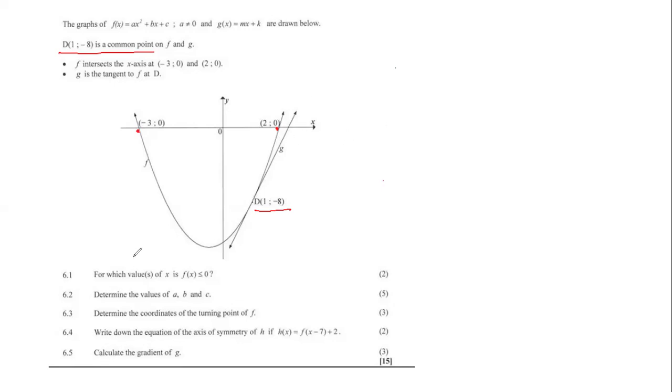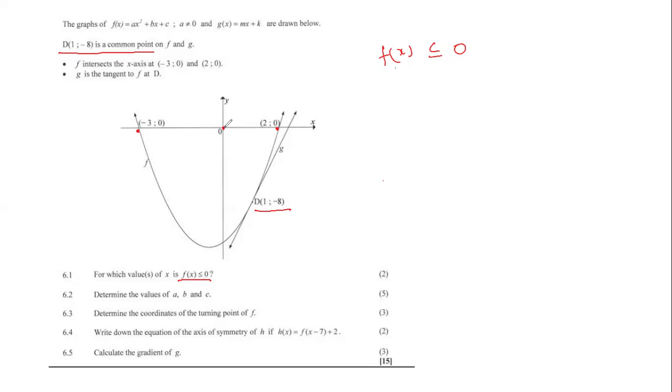Now, they're asking you for which values of x is f of x greater than or equal to 0. Now, if they ask you for which values f of x is less than or equal to 0, what do you understand by that? It means they're asking for the values of x where this graph of f is below, or is negative.